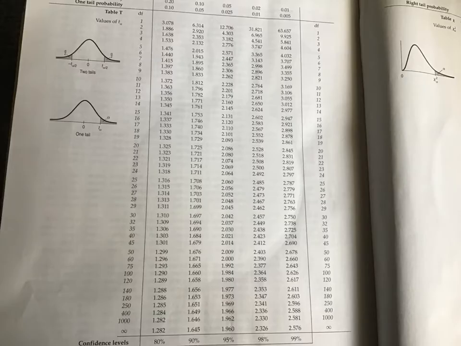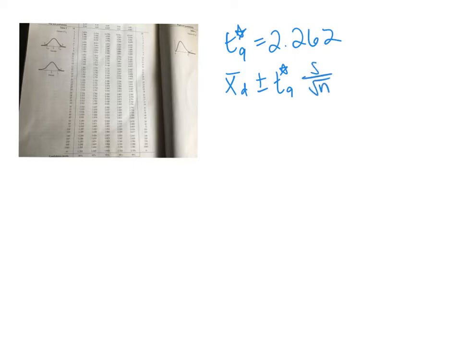And okay, so here's our t-table. We're at 95% confident. If you look down here, that's what it says down here. And then we're going to 9 degrees of freedom. That's 2.262. So our t-star with 9 degrees of freedom is 2.262. So our confidence interval is x bar D plus or minus t-star with 9 degrees of freedom times s over the square root of n.